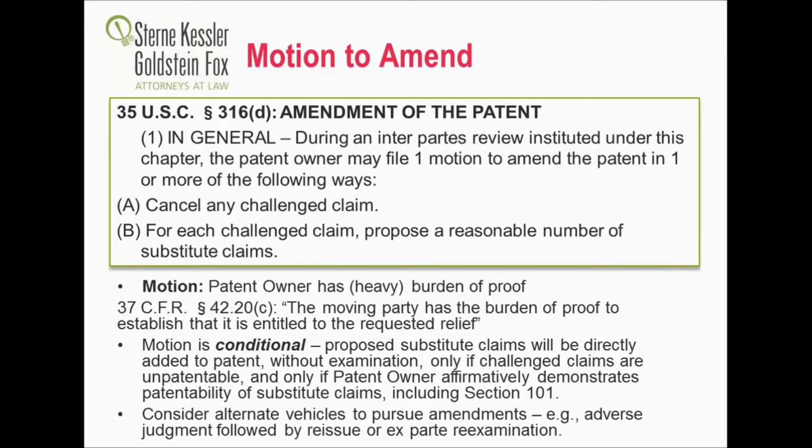So we'll discuss that burden in more detail in the next couple of slides, but the other important thing to keep in mind is that the motion to amend is a conditional motion.